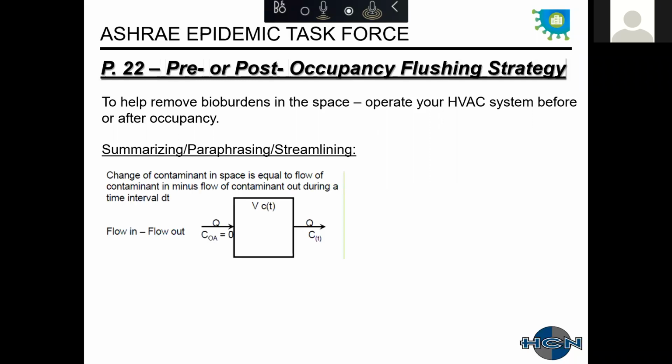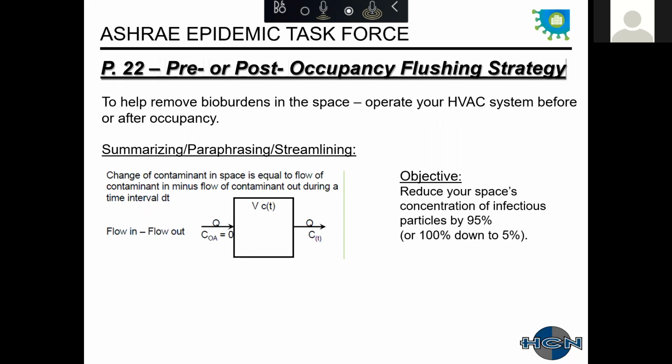Basically, the contamination in your space is a product of how much air is flowing in and how much is flowing out versus a time interval. The objective is to reduce your space's concentration of infectious particles by 95%. In other words, you're going from 100% down to 5%.